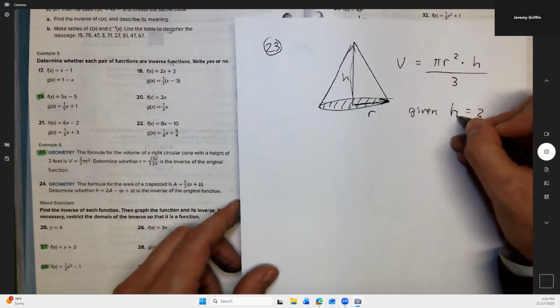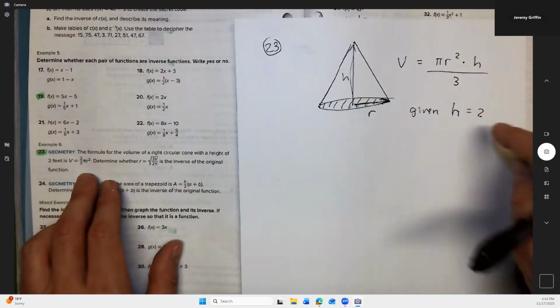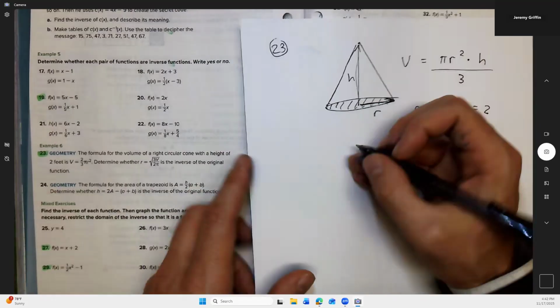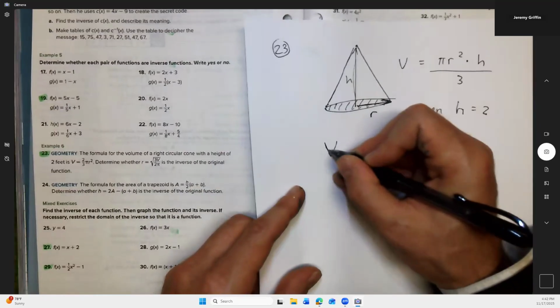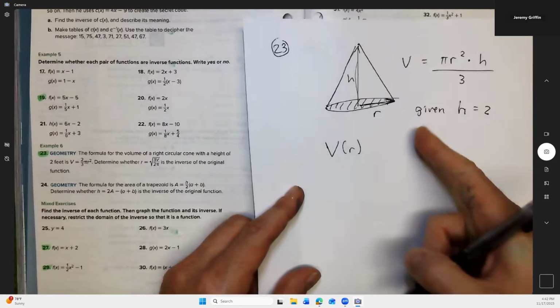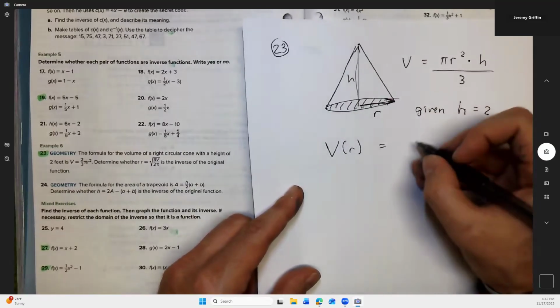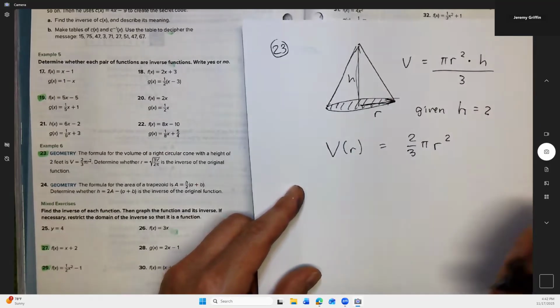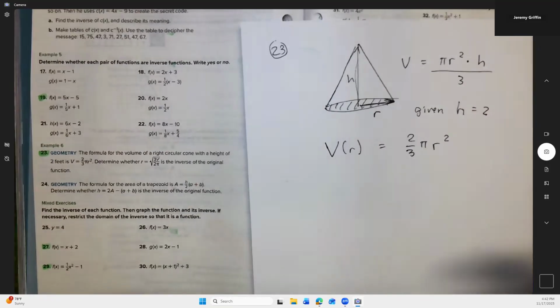Okay, we're good. So where the h goes, I'm just going to put a 2, and that's exactly what they say. So volume as a function of radius, given height equals 2, I got 2/3 pi r squared. So we're good.